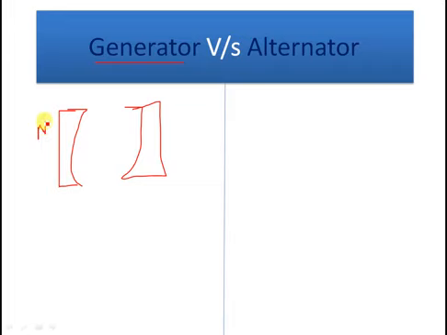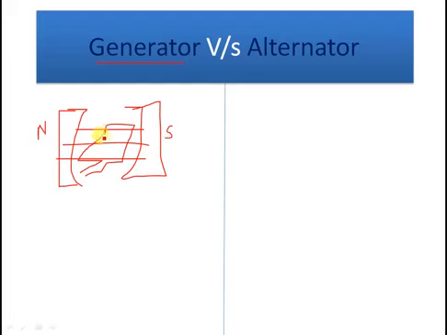So you can say that this is the north pole and this is the south pole, and the magnetic field is stationary, while there is a shaft which rotates and generates electricity. I'm sorry for my bad drawing here.